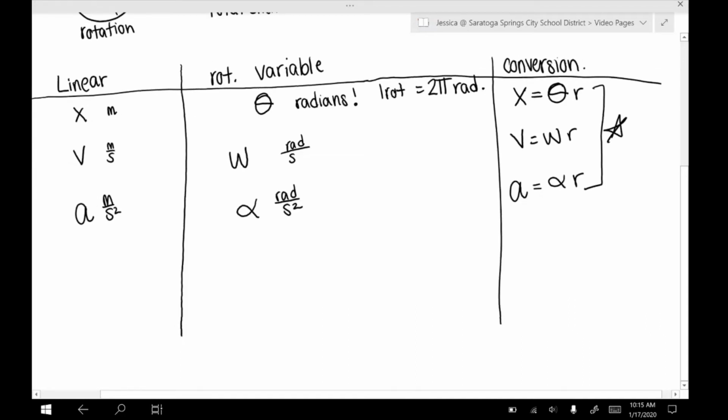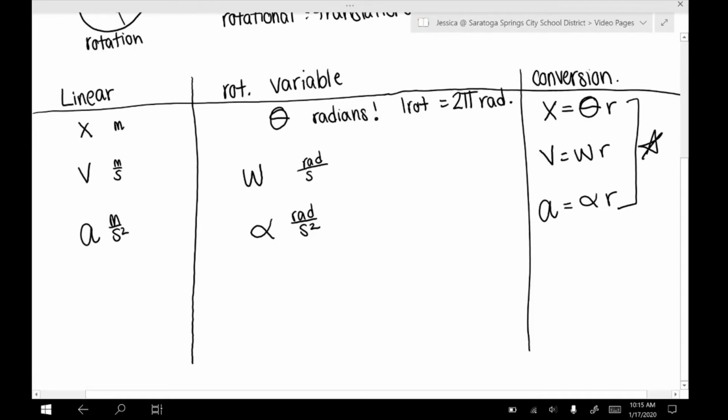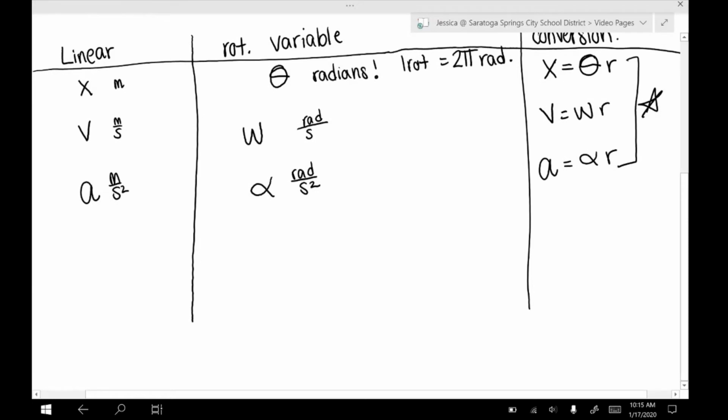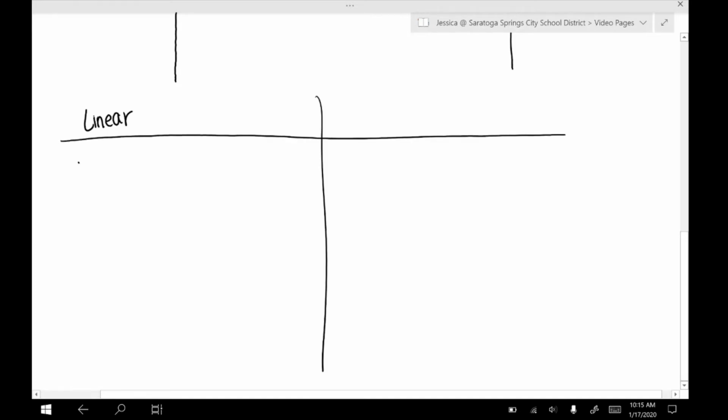Okay. So we can use this kind of idea to help us figure out what our kinematics equations for rotation are going to look like. So in linear motion, we have the position versus time equation, which is x equals x0 plus v0 t plus 1/2 a t squared.